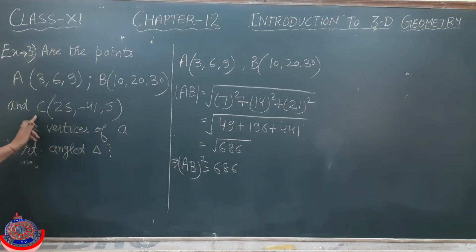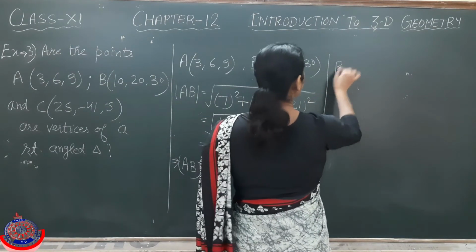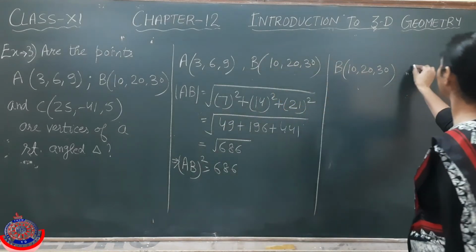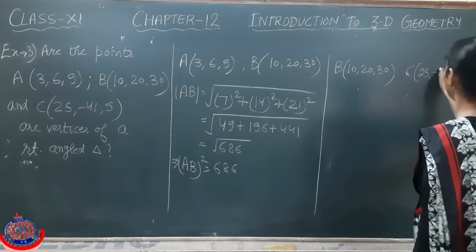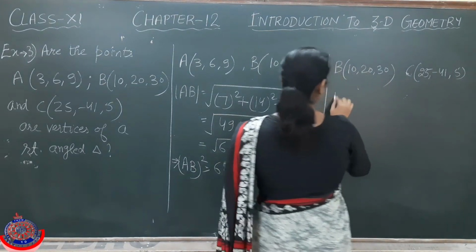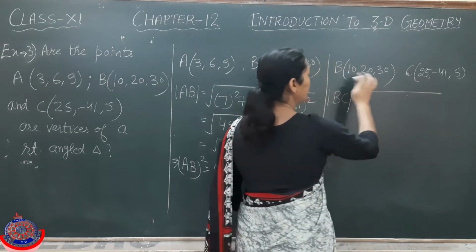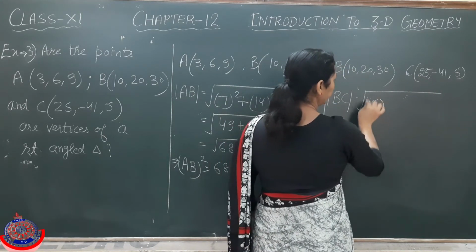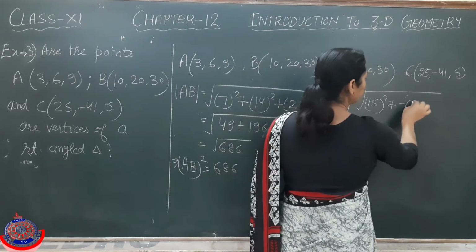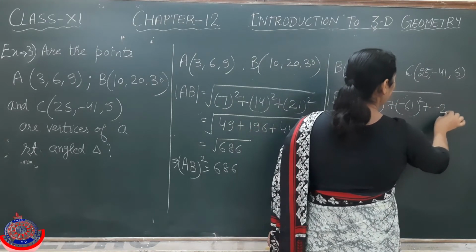Now BC square, or BC, whatever you want to calculate. B is 10, 20, 30 and C is 25, minus 41 and 5. So BC will come out to be 25 minus 10, 15 square, plus minus 41 minus 20, minus 61 square, plus 5 minus 30, minus 25 square.